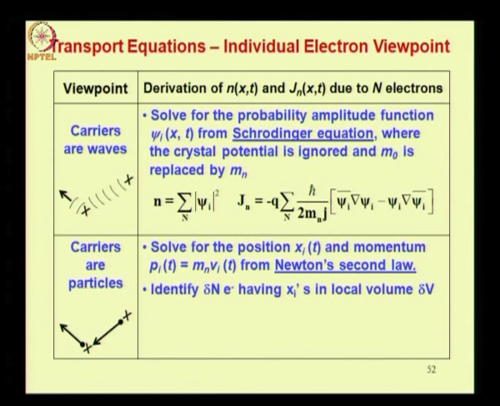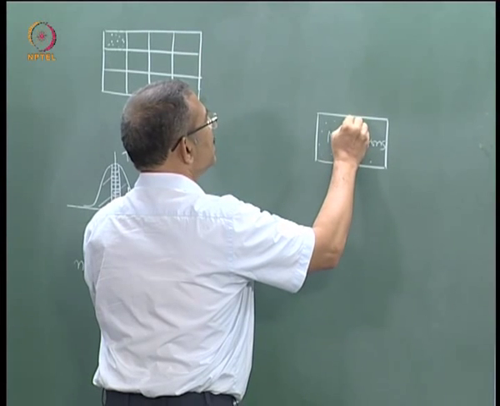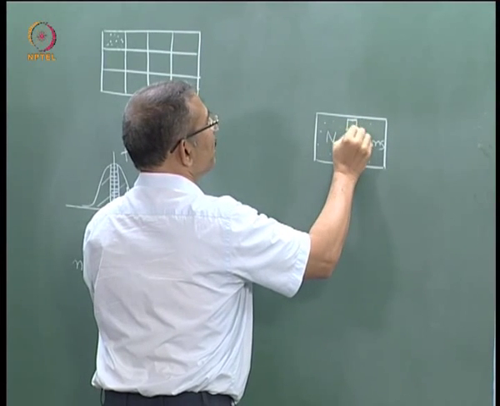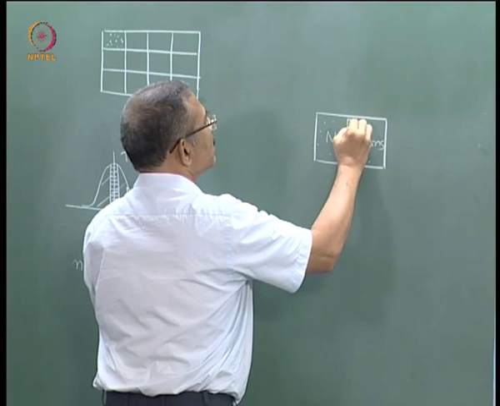Now after you have solved for the positions and momenta of all the n electrons by Newton's second law at any instant of time, identify the delta n electrons having their locations x_i in a local volume delta V. So these are your n electrons, and this is your local volume.